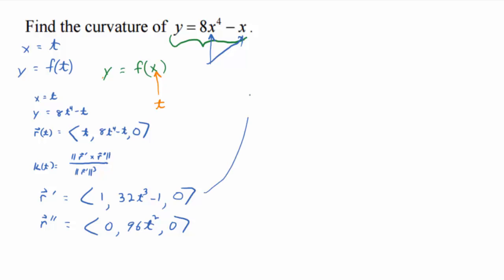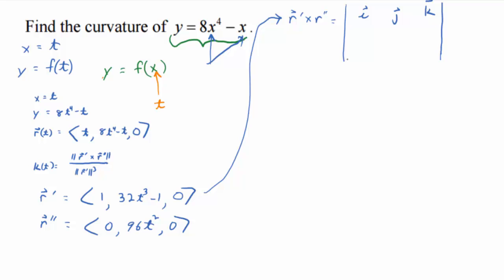So up here we'll do r prime cross r double prime. Set up that pseudo-matrix, pseudo-determinant. Why isn't it a real matrix? Well, a matrix is an array of scalars, right?